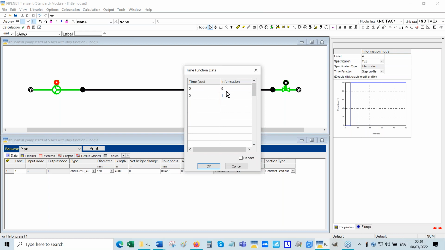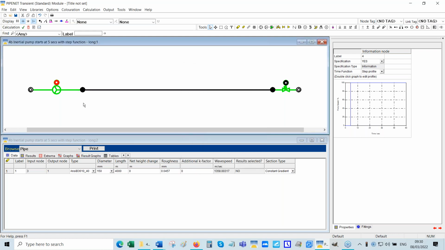It stays at 0 and then steps at 5 seconds. It's a step function because it's like pressing the button to start the pump. It's an instantaneous action, and that's why we use the step function. But of course, the rotation speed of the inertial pump is not a step function.